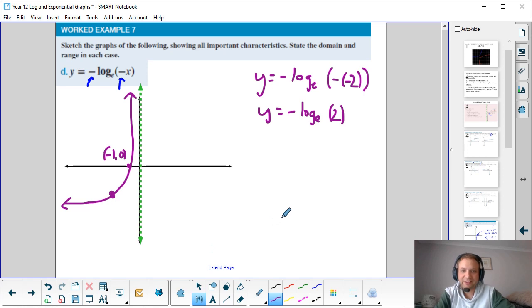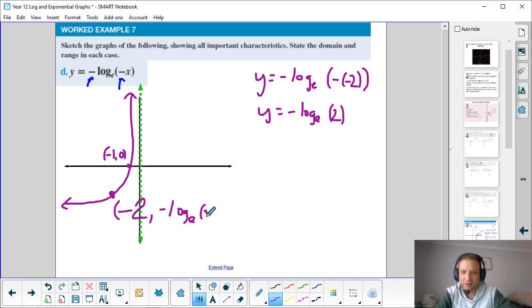In terms of writing this as a coordinate, there's nothing more we can really do to simplify this. Because e is one of those irrational numbers like pi that goes forever, it would be inaccurate to write it as a decimal or anything. So this actually just gives us the coordinate here.